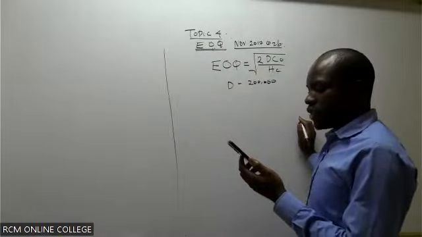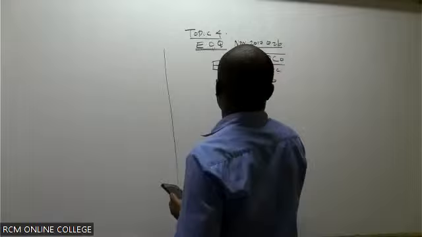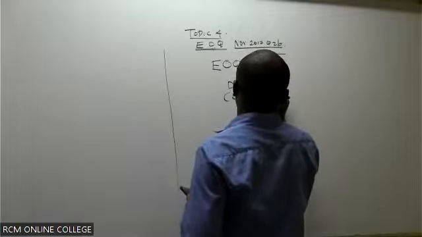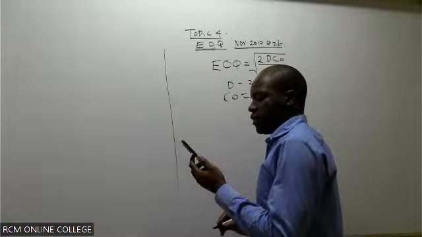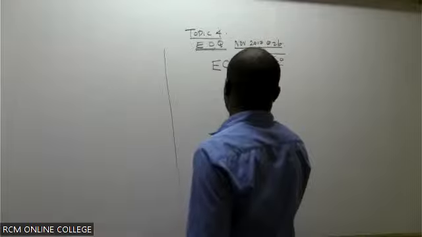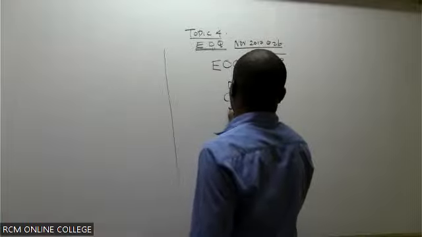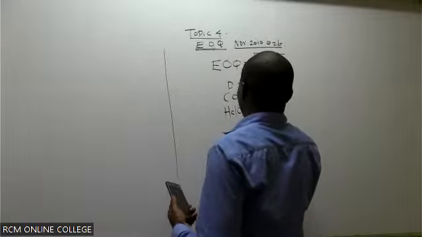Then ordering cost per order is equivalent to 18,750. And then the next thing that we are given there is a carrying cost. Someone will be telling us here that we don't have carrying cost. This holding cost, remember I said, is the same as carrying cost, which is equivalent to 3.